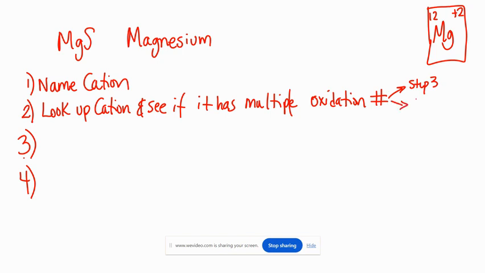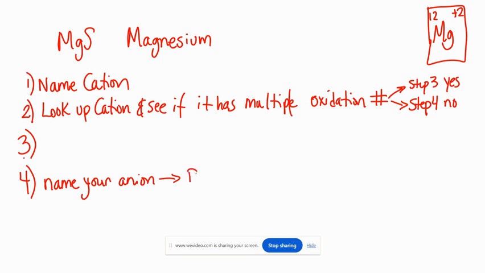If it doesn't, then you're going to go to step 4. Does that make sense? Okay, so magnesium doesn't. We're going to go down to step 4. Here you are going to name your anion.